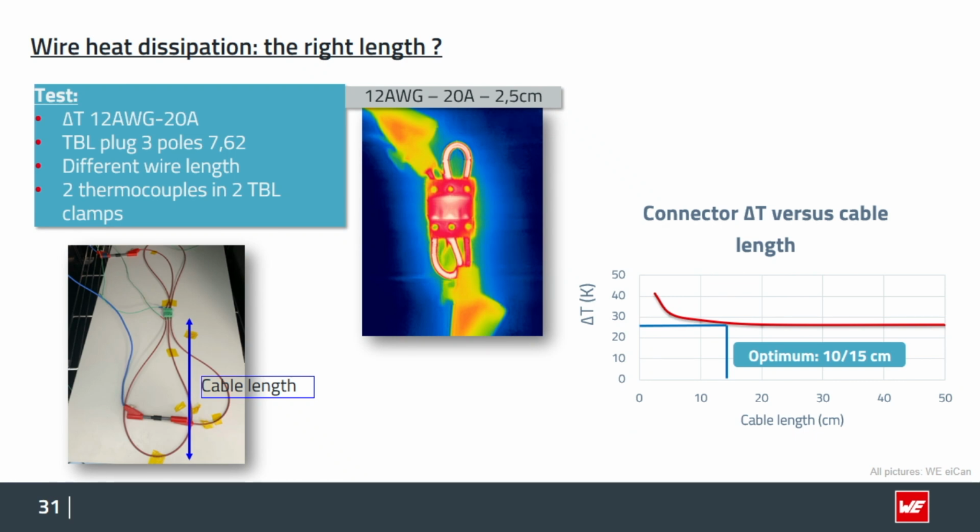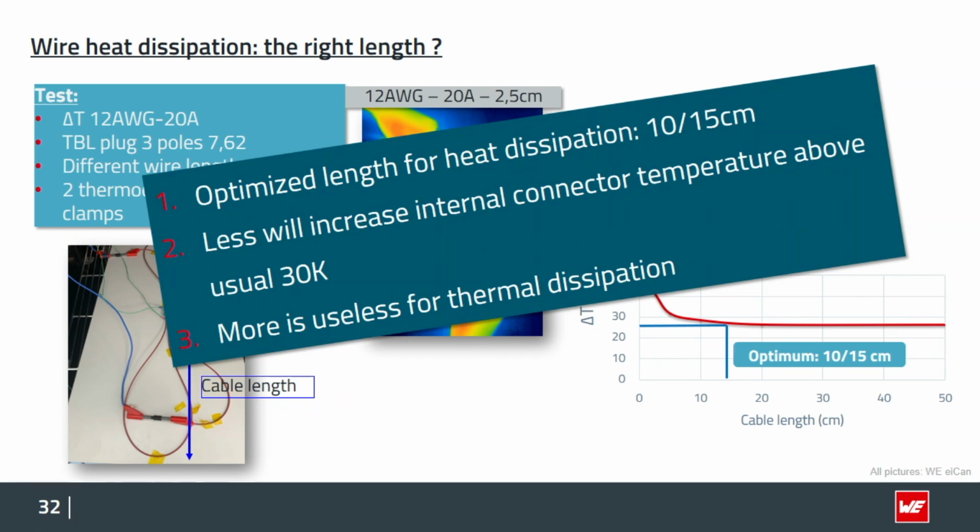So we can keep in mind that the optimized length is 10 to 15 centimeters. Less, of course, will increase the temperature of the internal connector, sometimes even over 30 Kelvin. But if you use more, it's not really helpful in terms of thermal dissipation.